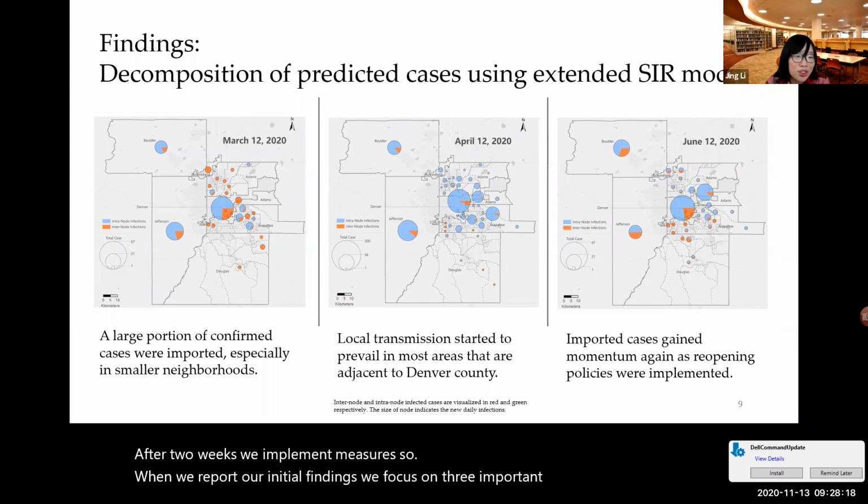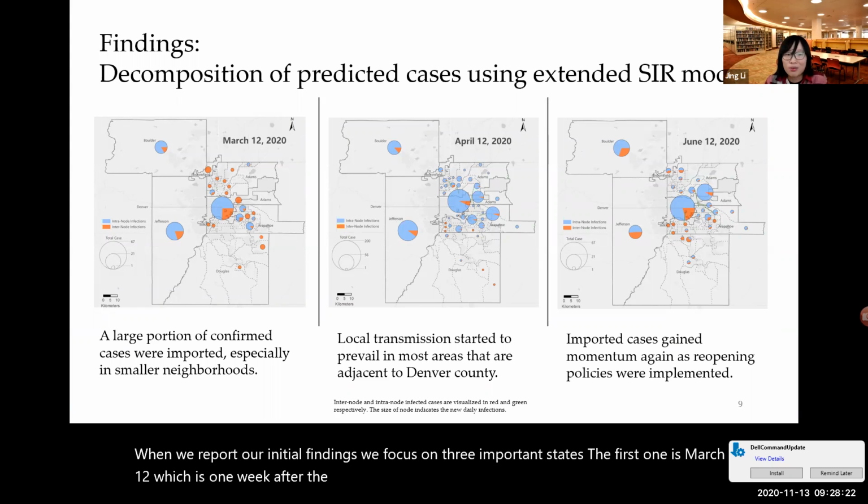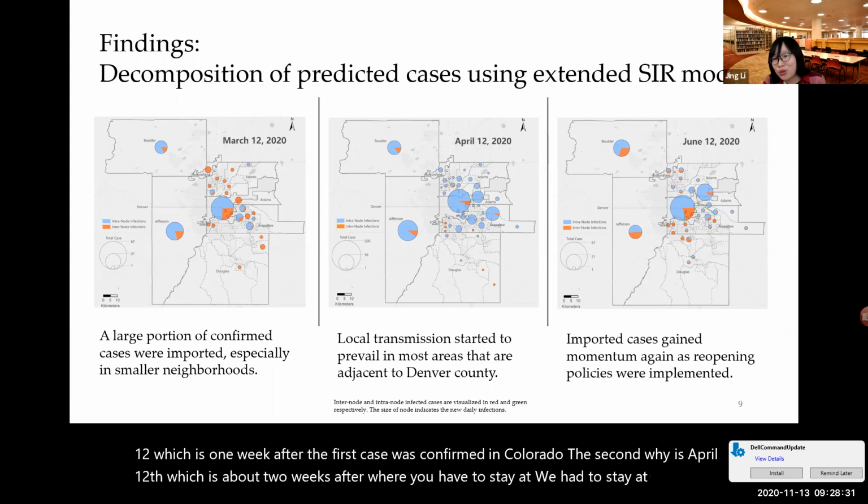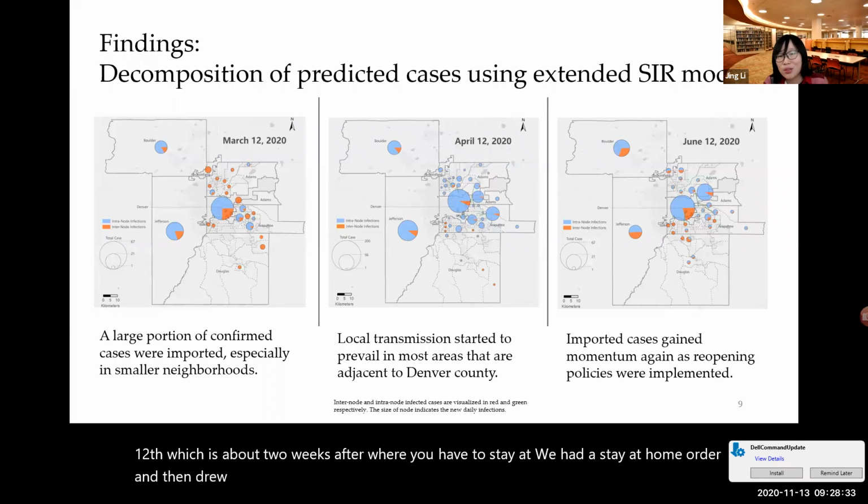The first one is March 12th, which is 1 week after the first case was confirmed in Colorado. The second one is April 12th, which is about 2 weeks after we had a stay-at-home order. And then June 12th is another important date, which is about 2 weeks after the state was completely reopened.